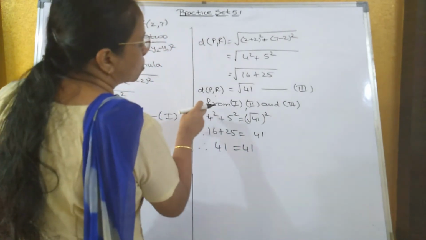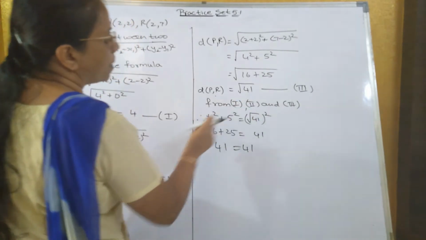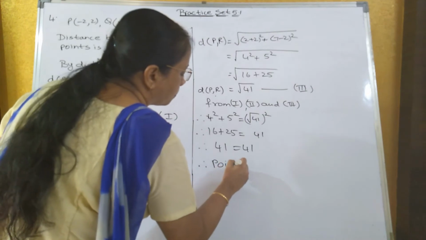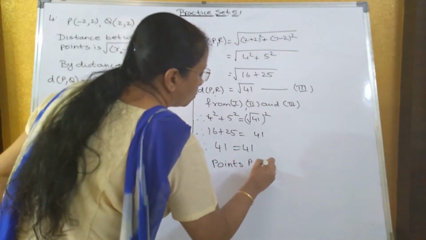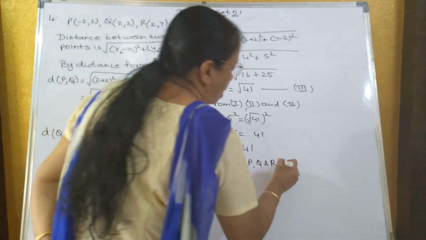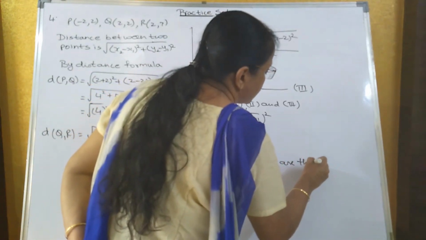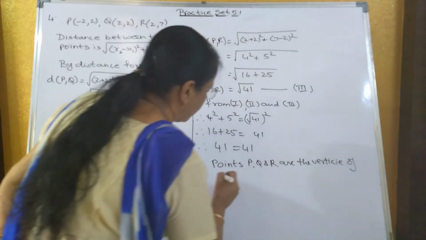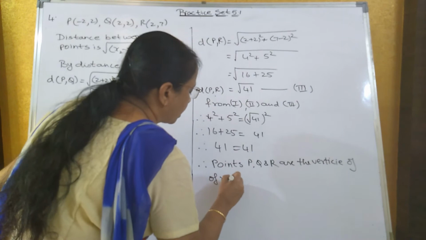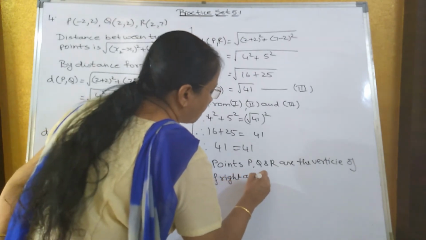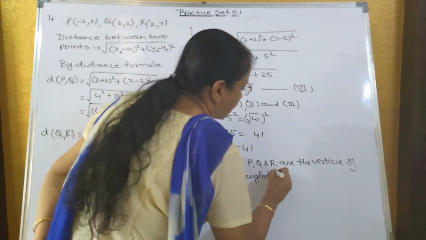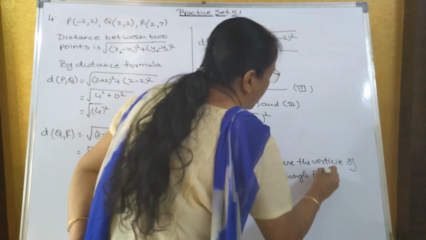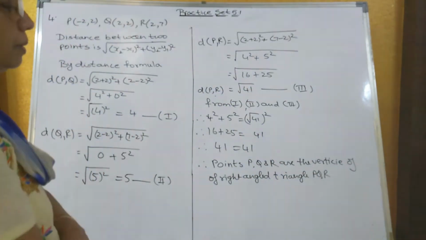Since the sum of the squares of the two sides is equal to the square of the third side, therefore points P, Q and R are the vertices of a right angled triangle PQR.